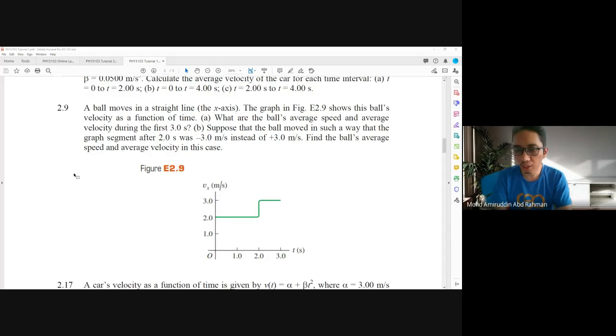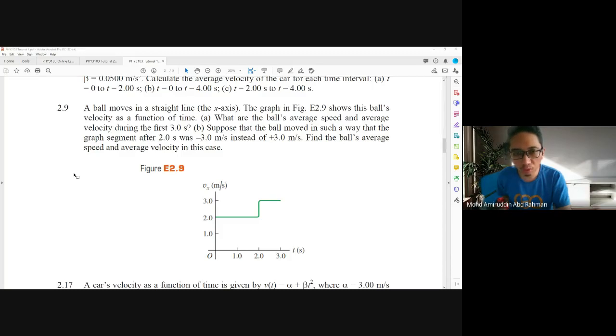Okay, so over here, for the first 2 seconds, the delta t, right? So the delta t is 2 seconds. So the speed at those delta t is 2 meter per second. So we obtain, right? We obtain the delta x as 2 meter per second times 2 seconds.